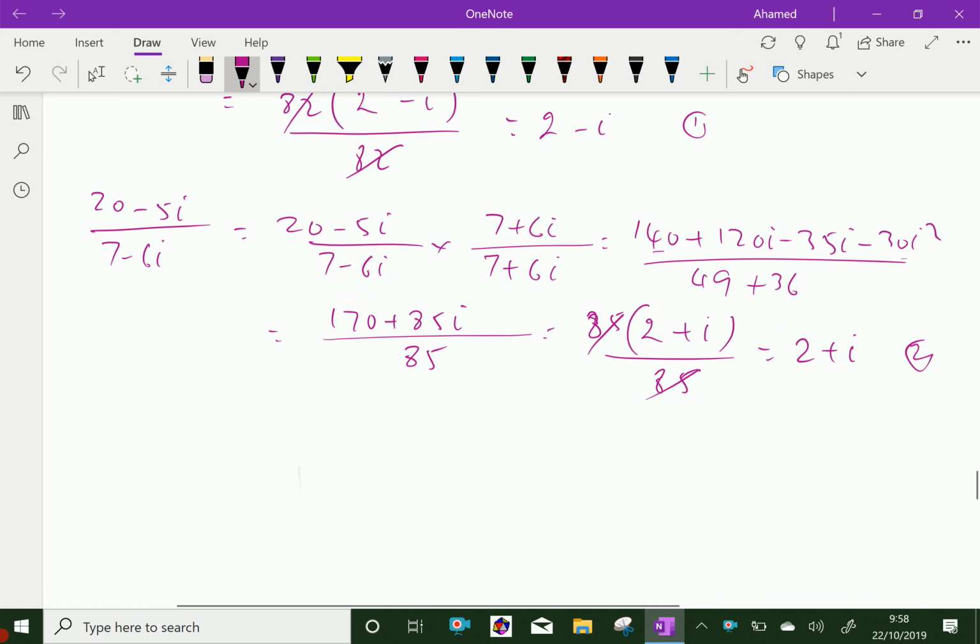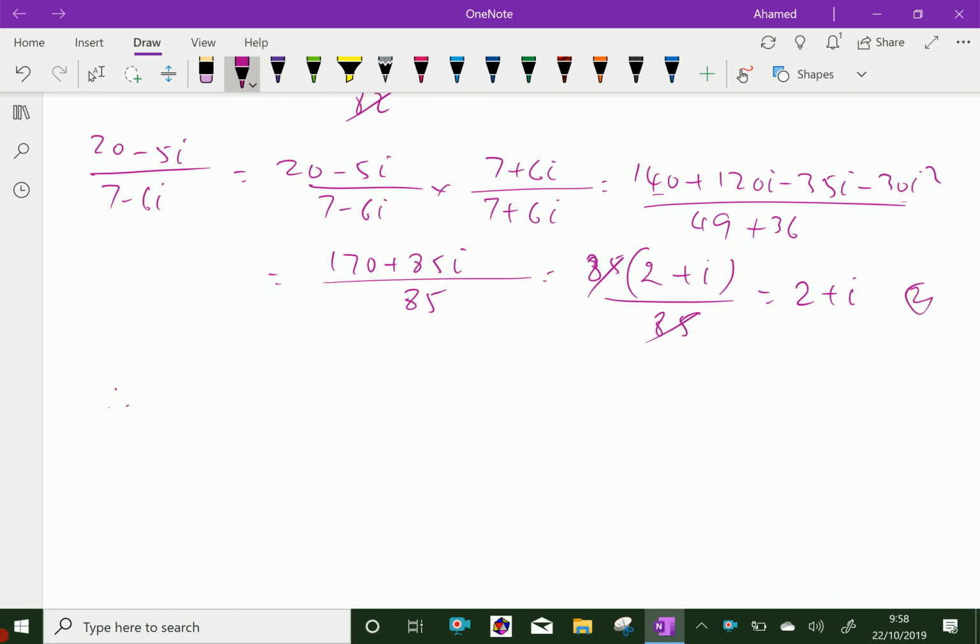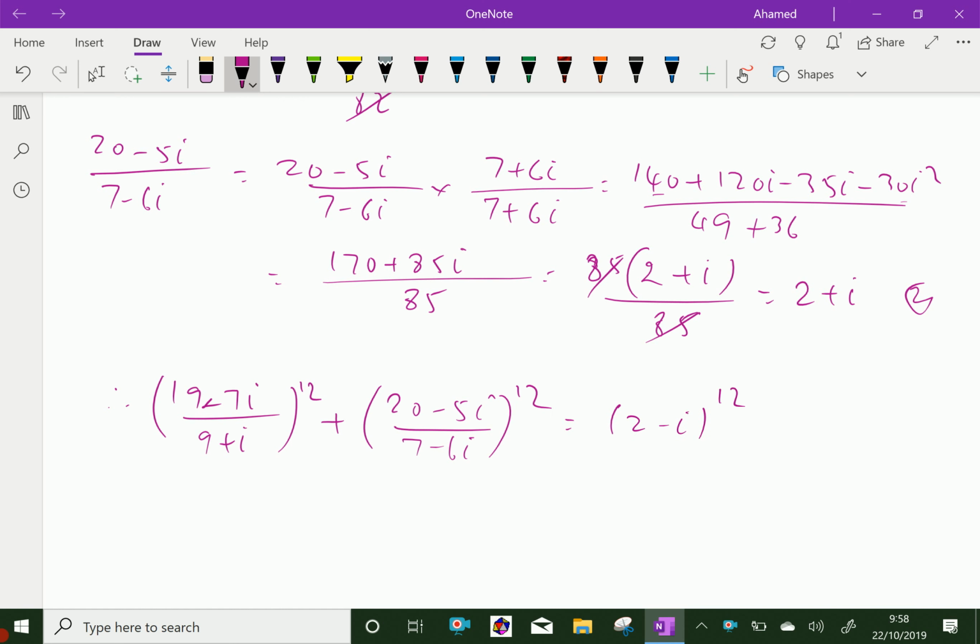So from 1 and 2, the given complex number, that is ((19 − 7i)/(9 + i))^12 + ((20 − 5i)/(7 − 6i))^12, is nothing but (2 − i)^12 + (2 + i)^12.